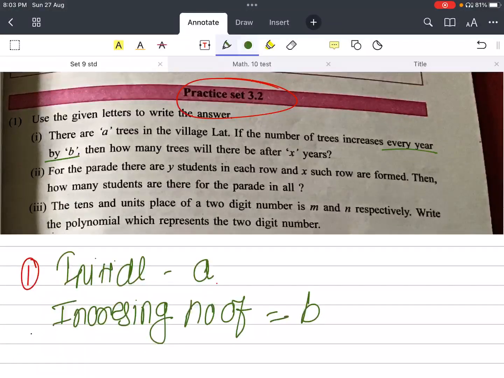The increasing number of trees we call B. And every year the number of trees increases by B. Now, how many trees will there be after X years? So let's assume the number of years as X.